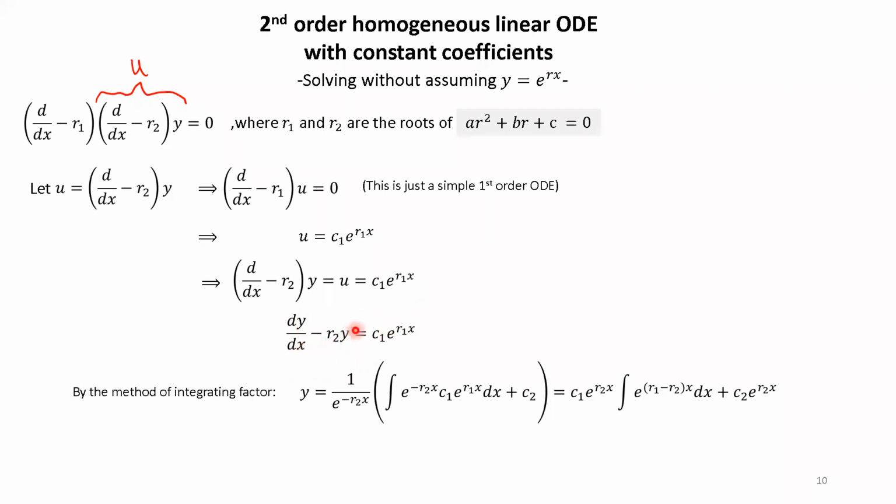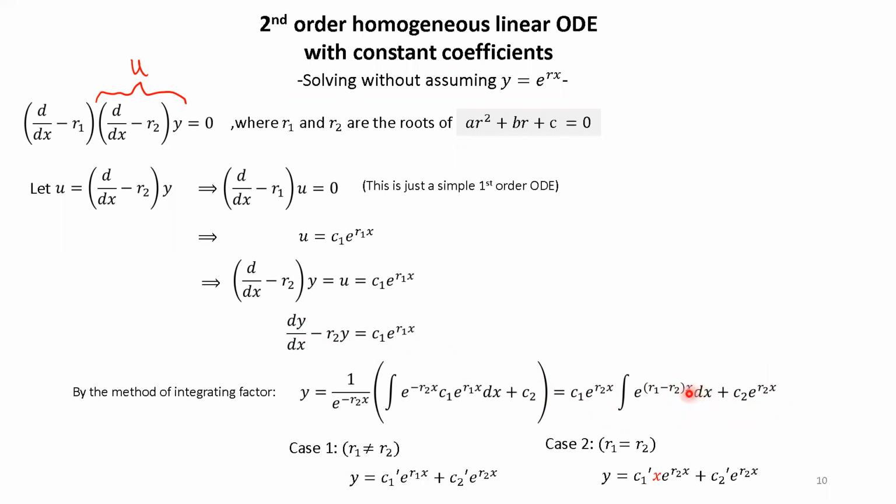So I just simply write down the answer here. You can see that this is the solution for y. This integral, of course, you know how to do, but I leave it here because I want to consider two different cases.